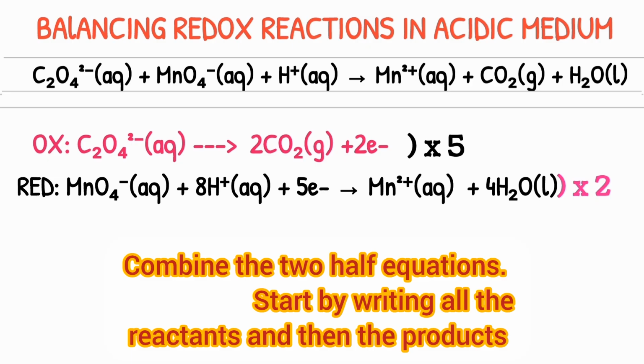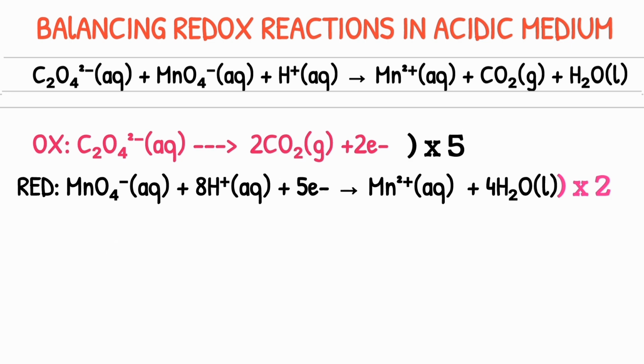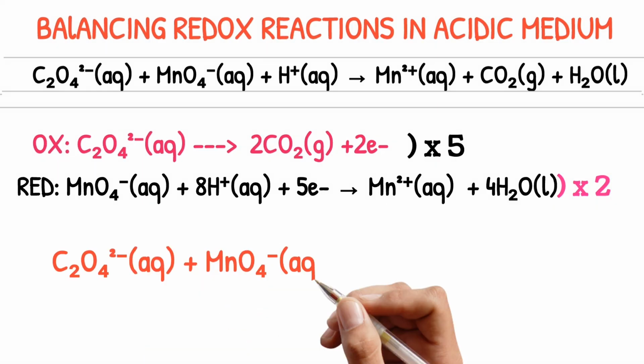We are multiplying the hydrogen ions equally by 2, which will give us 16. We are just going to follow that format and write out our equation. To save time, let me just write it. At least I've explained. And then next, we are going to cancel the number of electrons. We are going to see that we have 10 electrons on the right hand side and 10 electrons on the left hand side, and they are going to cancel out.